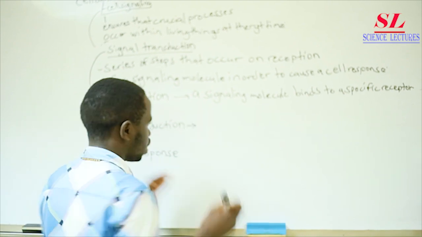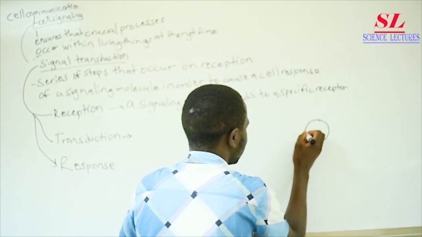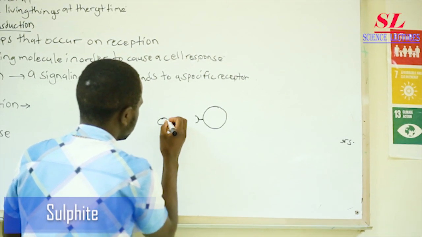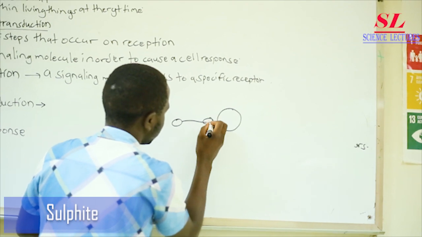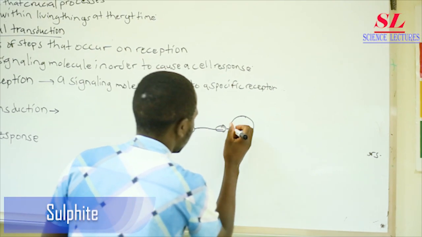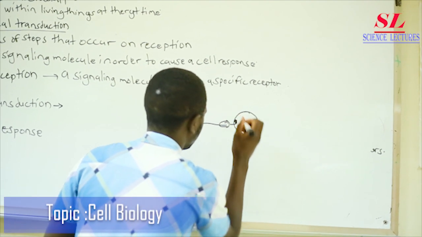After that, when it binds, for example, I'm assuming I have my cell, and this is a receptor, and this is my signaling molecule. So it will move from here, then later come and bind here. I'm assuming this is a receptor which has a protein, which is connected to a protein inside here.